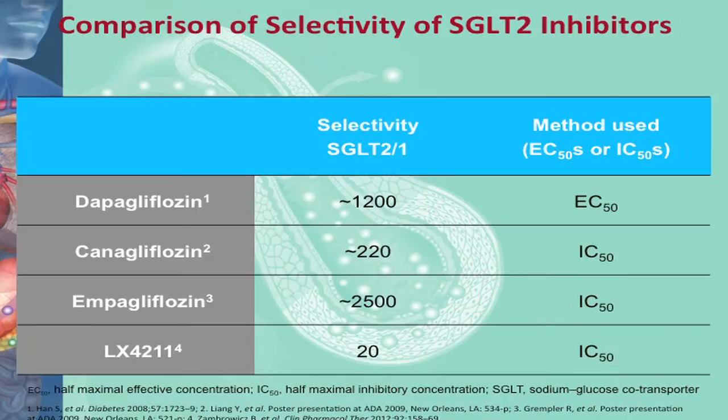You can see that this dual inhibitor has a very low ratio, which means that it has comparable selectivity for both SGLT2 and SGLT1. Okay? And so this is one of the reasons why canagliflozin will be seen to have effects on rates of absorption of glucose from the gut, because it also has this spillover specificity for SGLT1 transporters, and that's here.